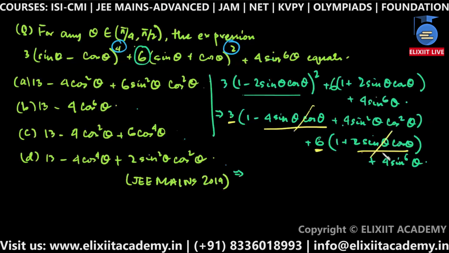These terms will get cancelled out. You are left with 3 plus 4 sine square theta into cos square theta.